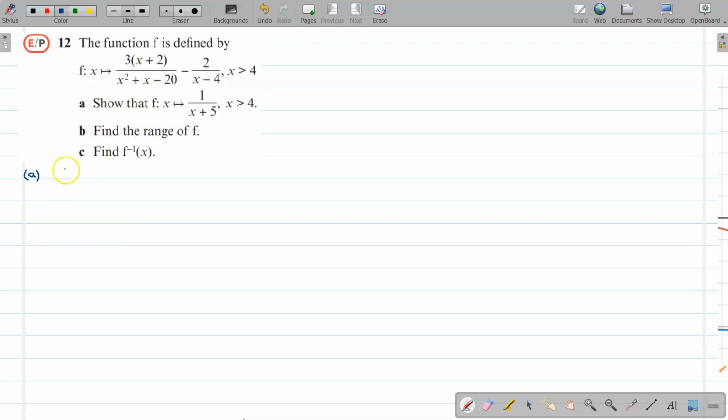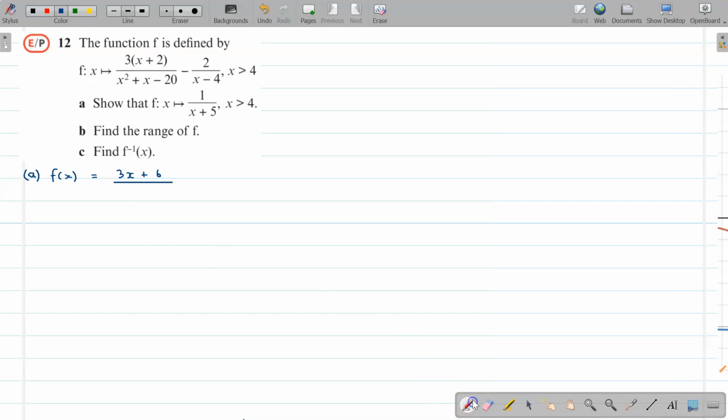So what we do is we say f of x is equal to, well, I'm going to start expanding out the top line actually, because we're going to need to do that later anyway. So let's start doing it now. 3x plus 6, and the denominator is going to be that pair of factors that we just mentioned.